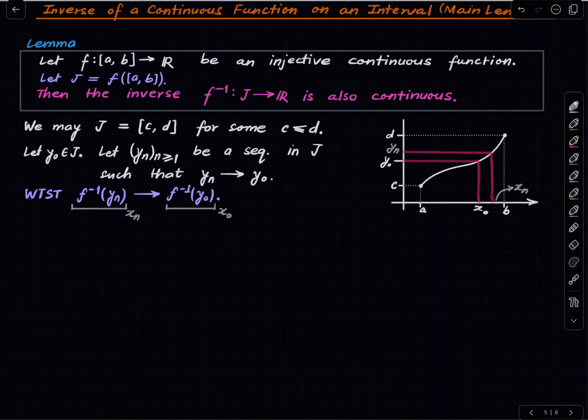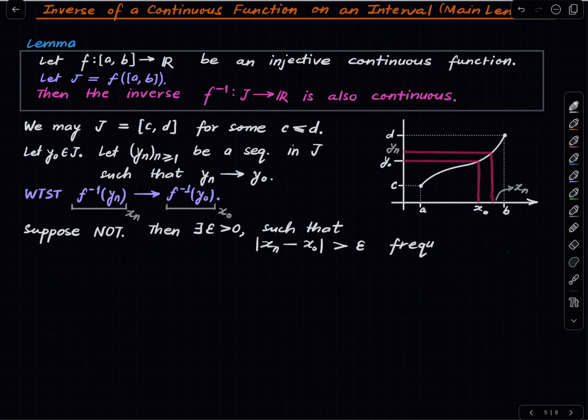So suppose not, we are going via contradiction. Suppose not, then there exists epsilon greater than 0 such that the distance between xn and x0 is greater than epsilon frequently. Right? So that is the meaning of not converging to the point x0.